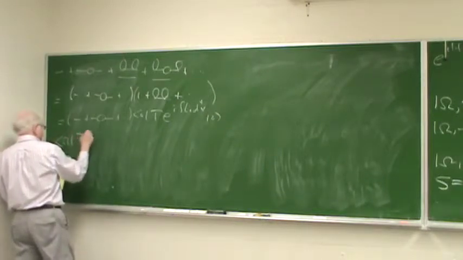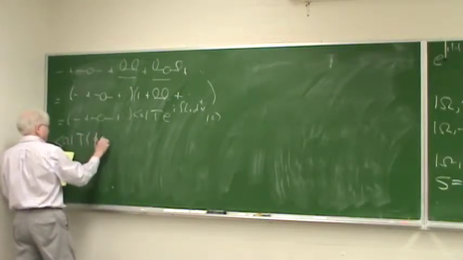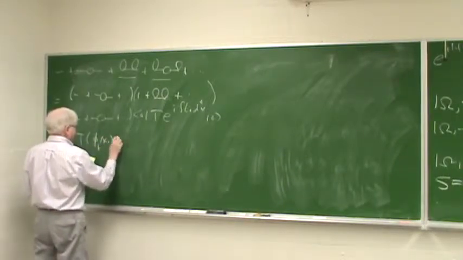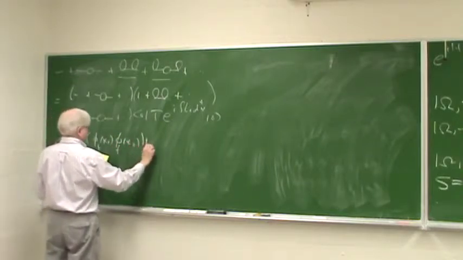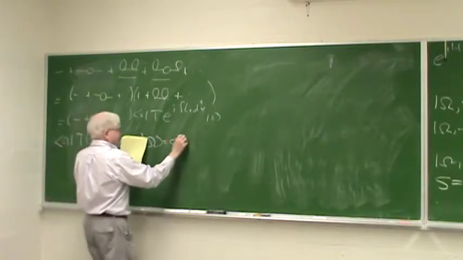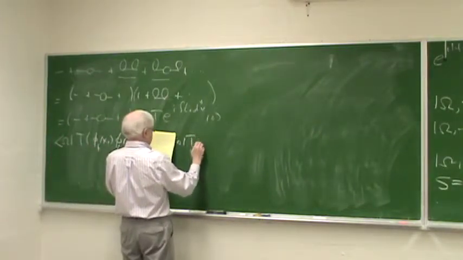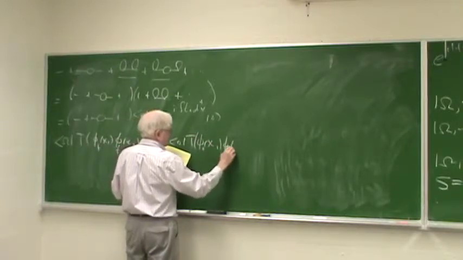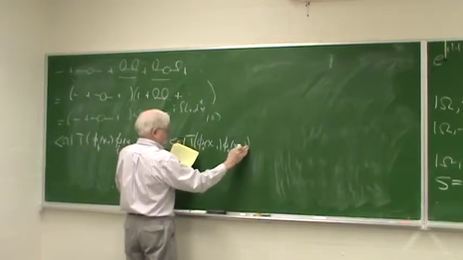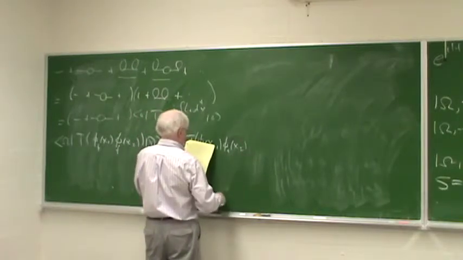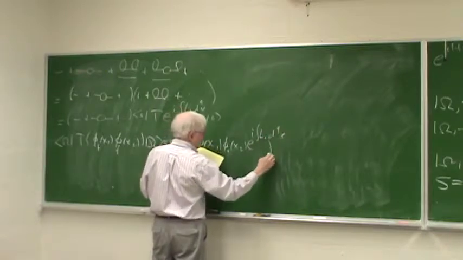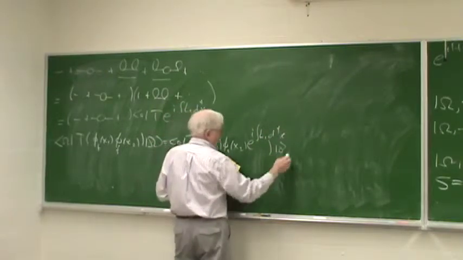Consequently, the fully interacting time-ordered product of phi of x1, phi of x2 is the vacuum time-ordered product of the ordinary free fields, phi of x1, phi of x2, times e to the i integral of the interaction Lagrangian d^4x, time-ordered, with no bubbles.